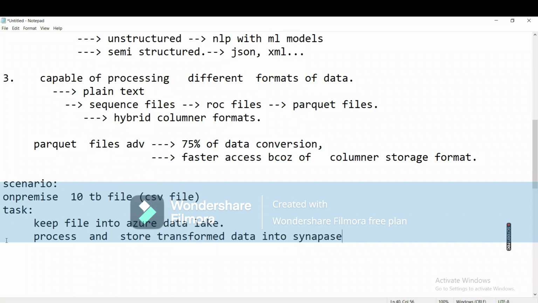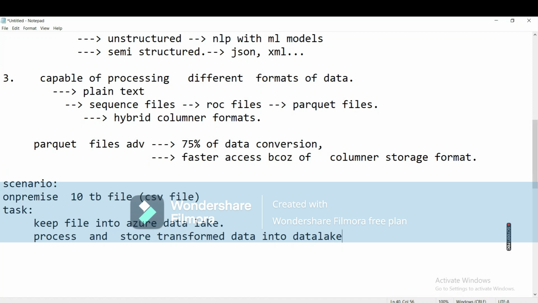Keeping that 10 terabytes in Synapse is a bad idea. That's why I want to keep it in the data lake again. Now I want to dump my raw file into the data lake. Finally, process the results also into the data lake.